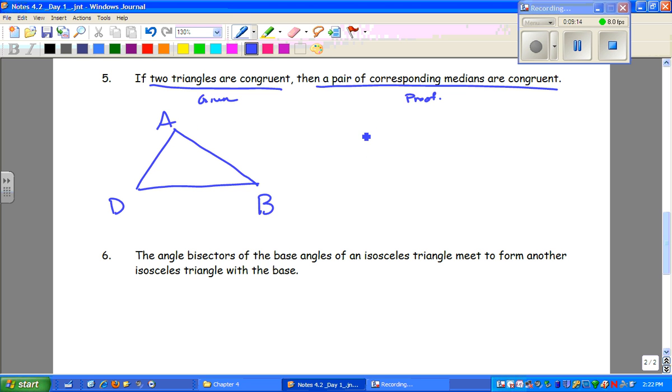DAB and another triangle, EHF. Those two have to have corresponding medians. So we have a median here, and we have a median here.